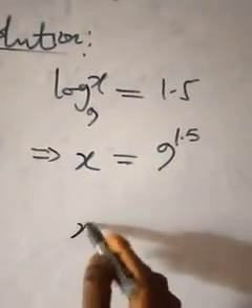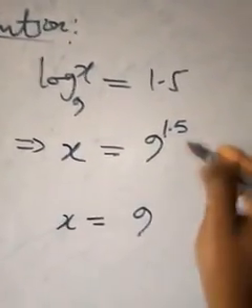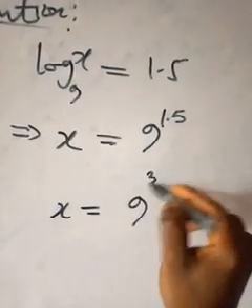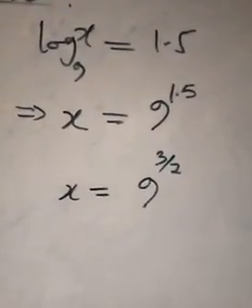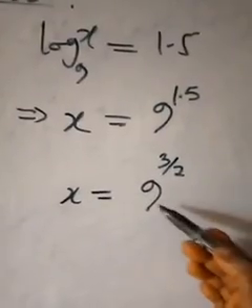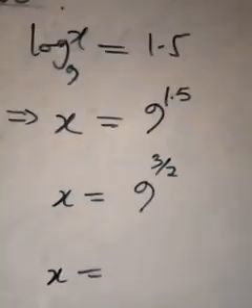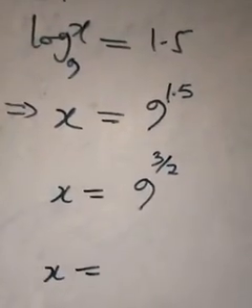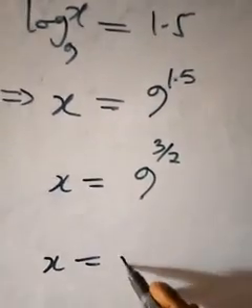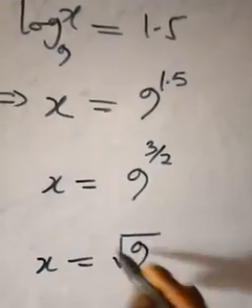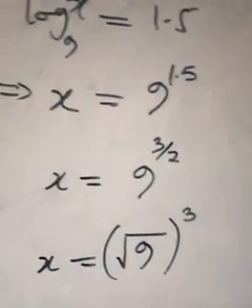So let's continue. s equals 9 raised to power 1.5, which is 3 over 2. Then this is in indices. This is a number raised with fractional power. So this is how we are going to have it. Since the fraction is positive, this one will become the square root of 9, then everything raised to power 3.